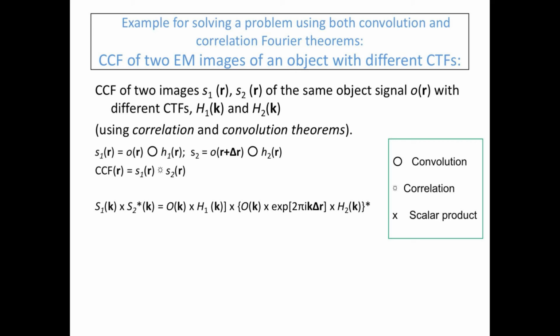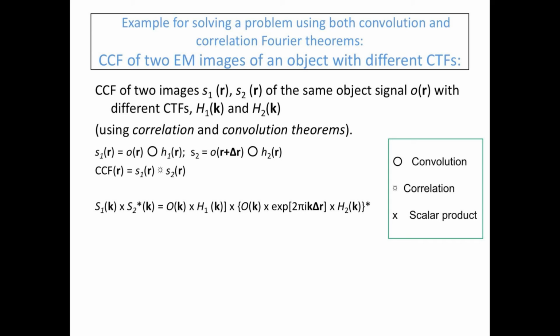And now we go into Fourier space, then we find that the Fourier transform of the cross-correlation function is S1 times S2 conjugate. Or now we can replace this with O of k times H1 of k, and the other one by O of k times H2 of k conjugate.